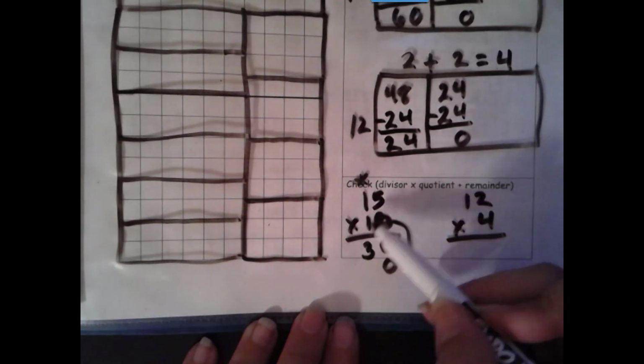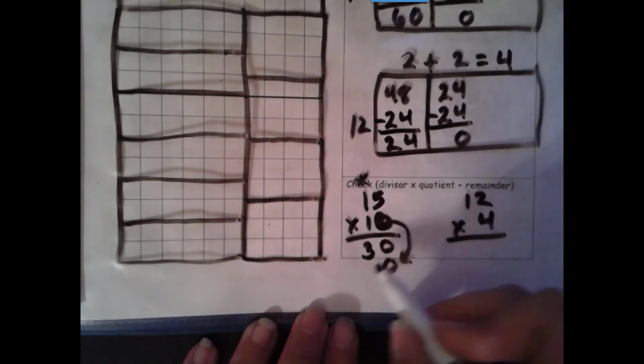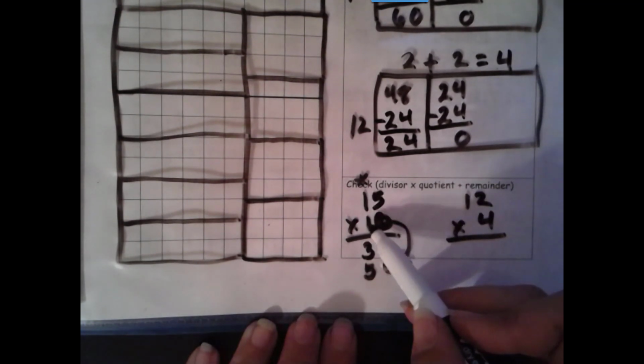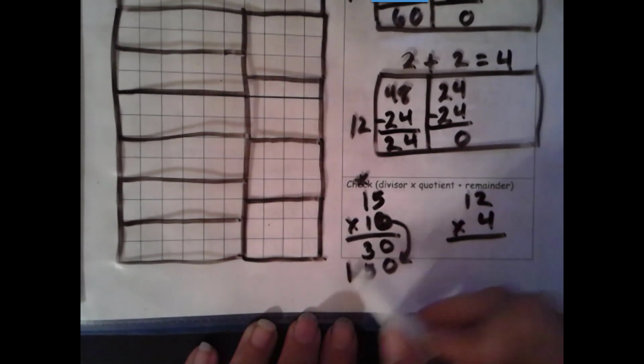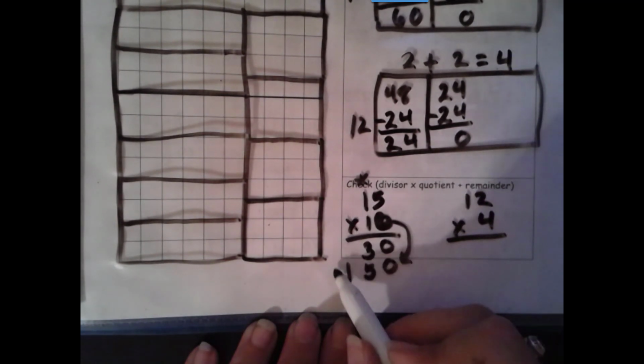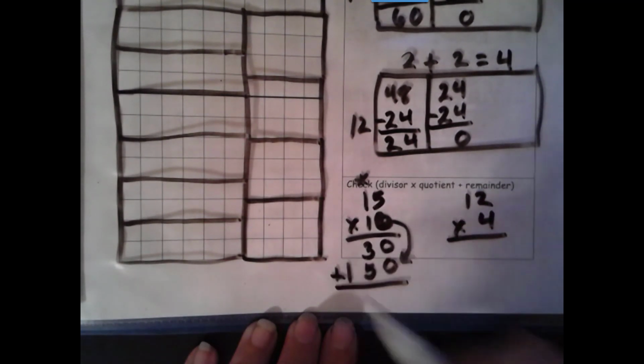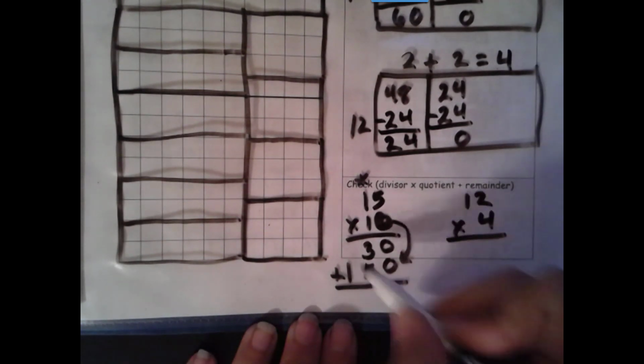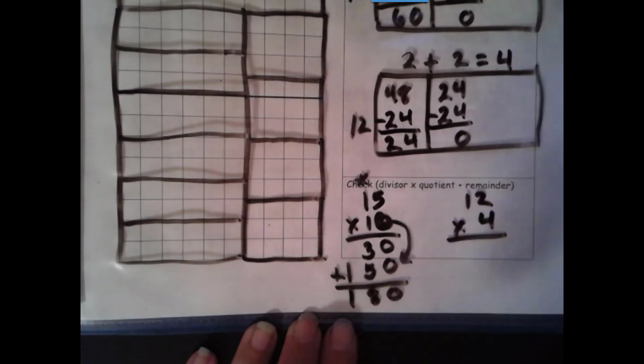So I have 1 times 5 is 5. And then that 10 just moves it over a place. And then 1 times 10 is 10. And the placeholder moves it over all the way to the hundreds. Add these partial products together. I get 180.